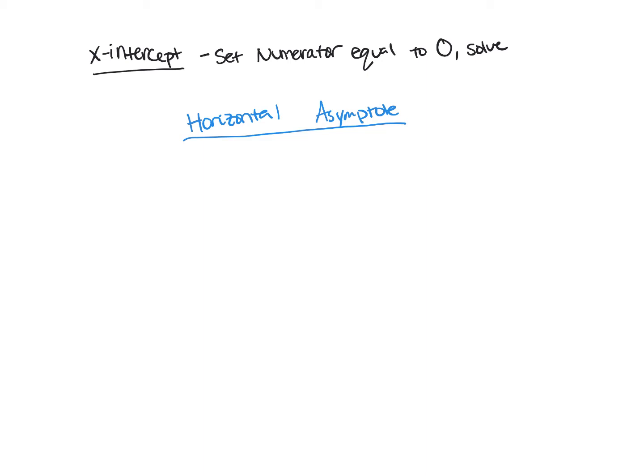So there's really three different situations. Your first situation is the degree of your numerator is equal to the degree of your denominator.